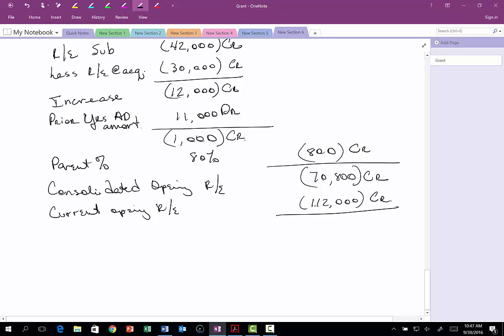Well, to get $112,000 to $70,800, our elimination entry now is going to be a $41,200 debit. It's going to be a $41,200 debit that we're going to do to opening retained earnings to eliminate it. And I'm going to put that in pink as well. This is going to go to opening retained earnings.